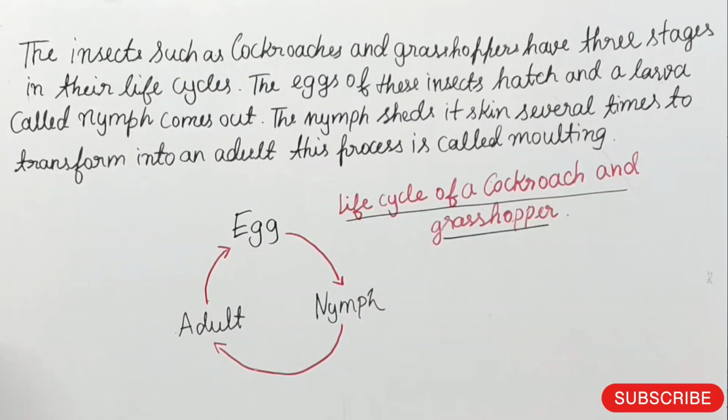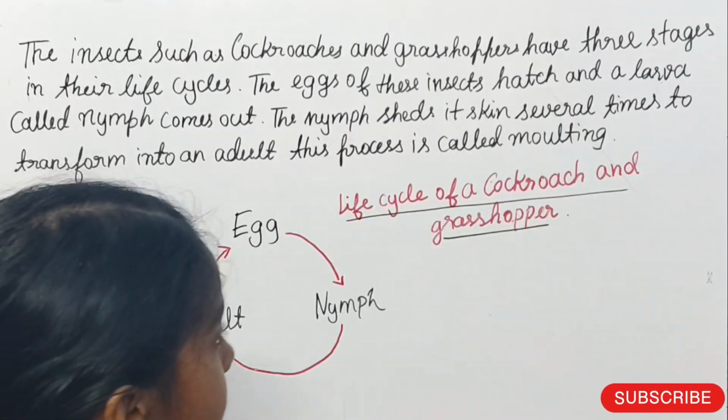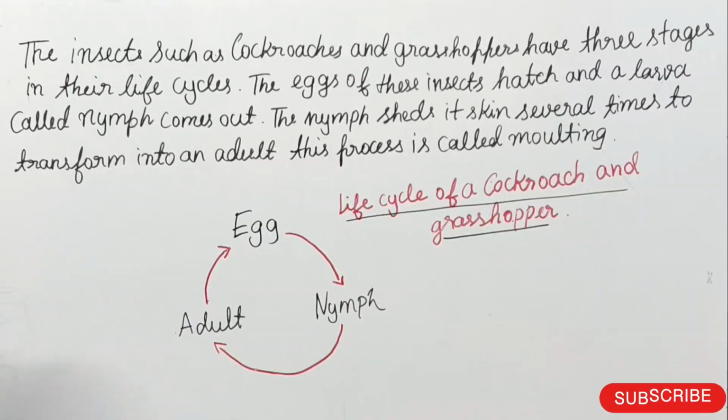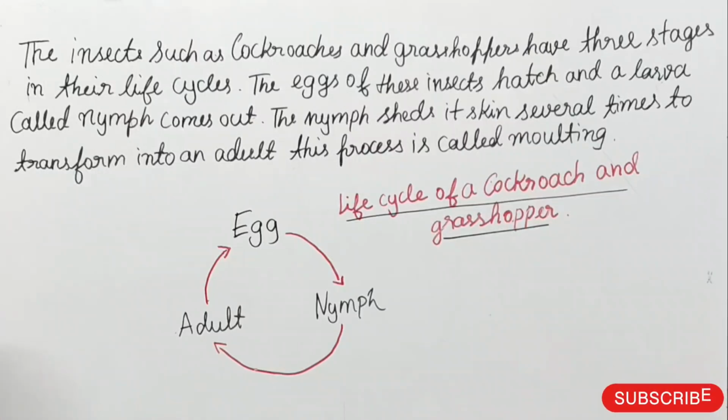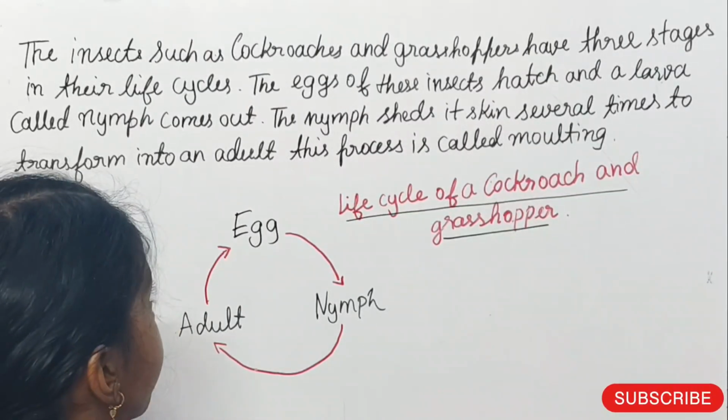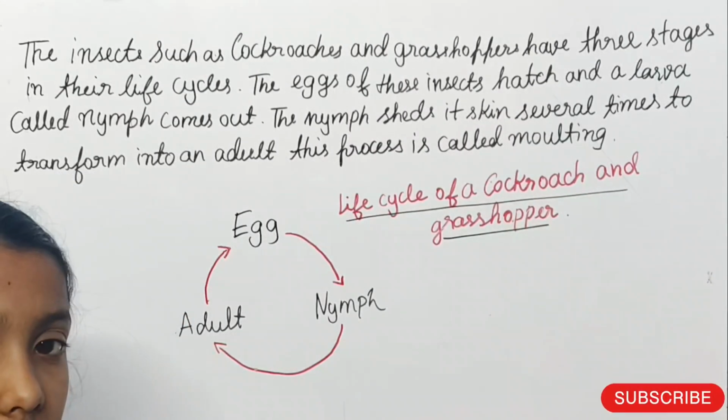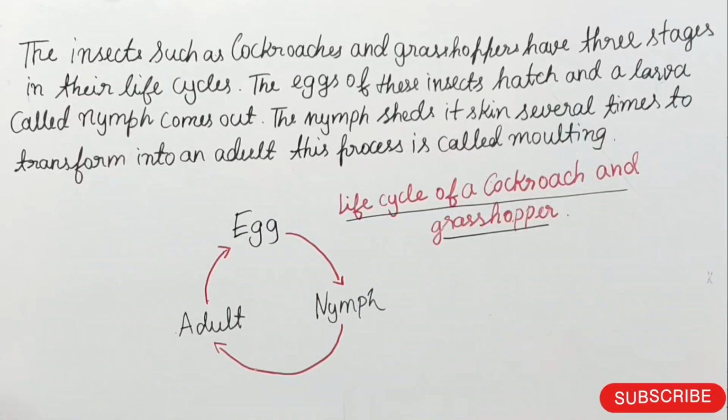So the eggs of these insects hatch and a larva called nymph comes out. So the eggs of these insects, grasshopper and cockroach, hatch and a larva comes out.